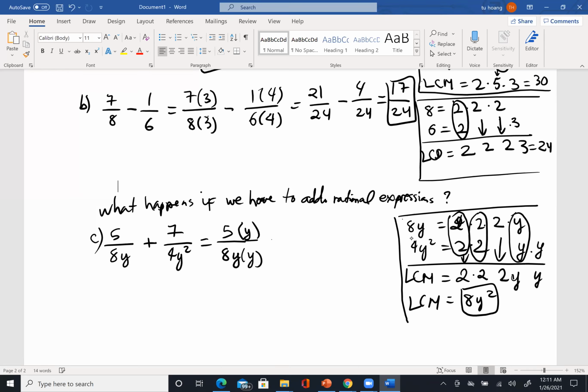And then I plus 7 over 4y squared. To make this 4y squared become 8y squared, I have to multiply that by 2, so 2 here. Then that should be 5y plus 14 divided by 8y squared. That should be the answer.